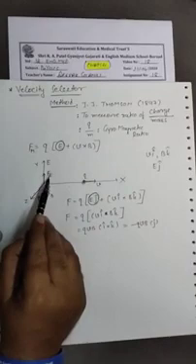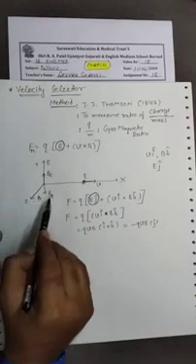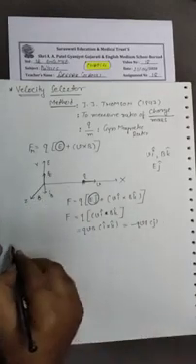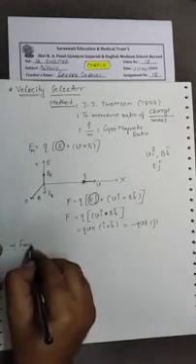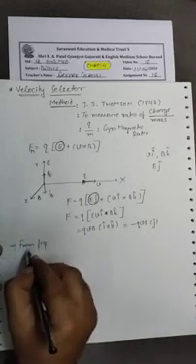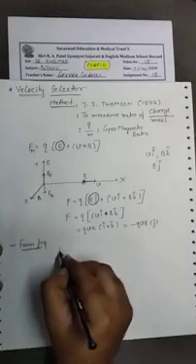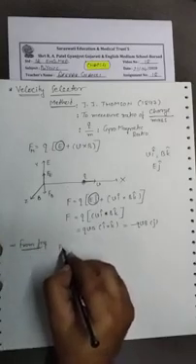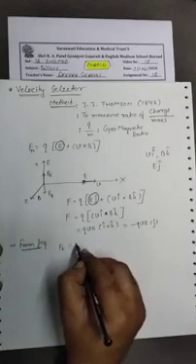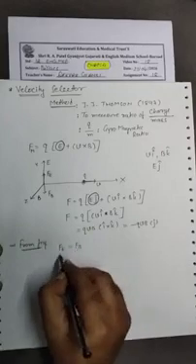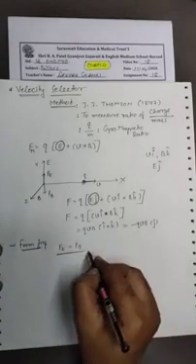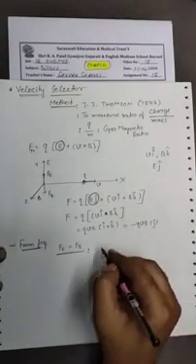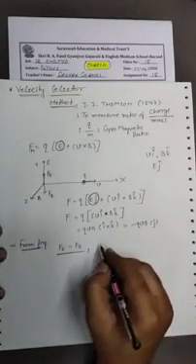From the figure you can see that the electric force and magnetic force are mutually opposite to each other and have the same magnitude.